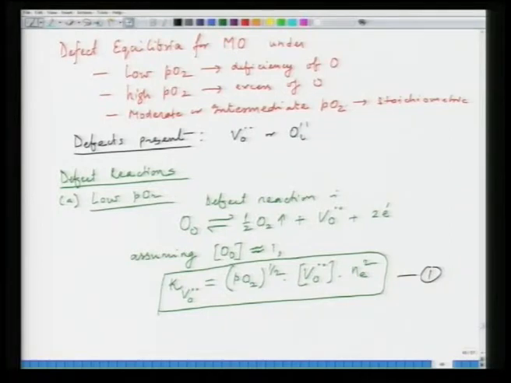Suppose you have a material which prefers Schottky defect in the stoichiometric condition, which means you have vacancies of metal and oxygen, and the concentrations of these defects also follow in the higher and lower pressure regimes. In that case, you will not have interstitials, but you will have vacancies as dominant defects.